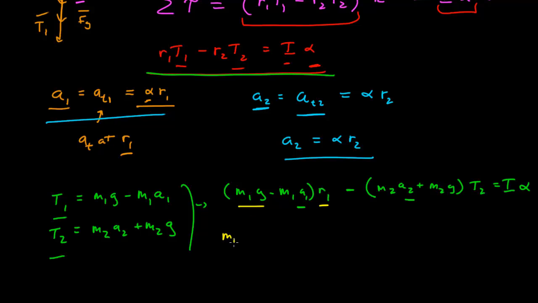My first term is m1gr1, and that's minus the second term, which is m1r1 squared alpha, because I substituted r1 alpha for a1 into here, so I get m1r1 squared alpha. So this is minus, then, this term, oh sorry, this is r2. This should be, let's fix that.